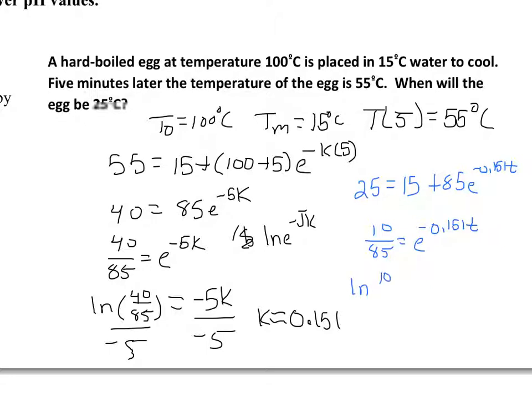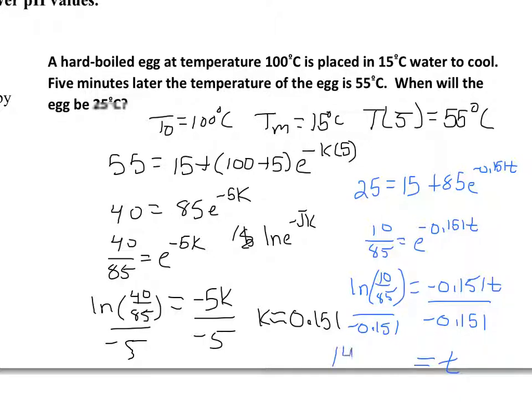So you get the natural log of 10 divided by 85 equals negative 0.151t. Then just divide by the negative 0.151. So you would get t equals approximately 14.17 minutes.